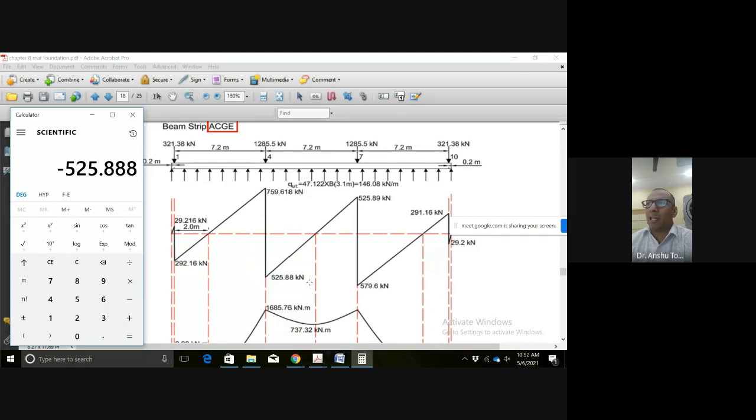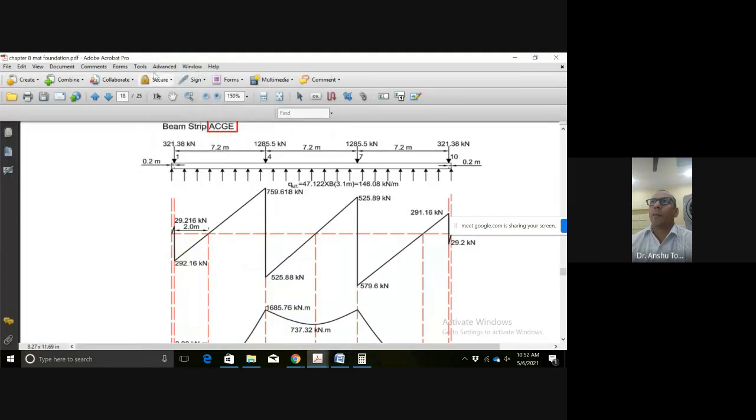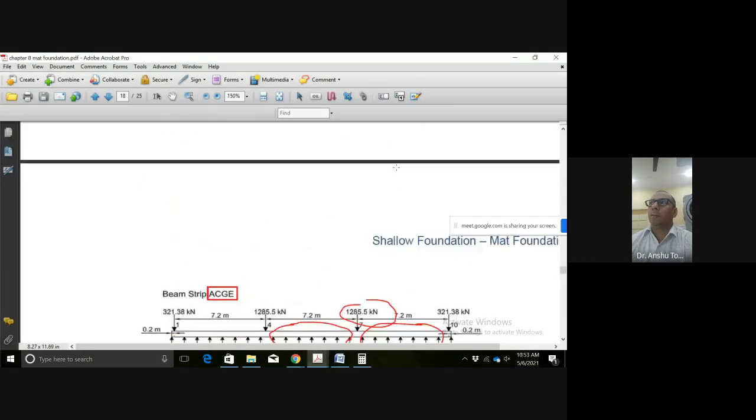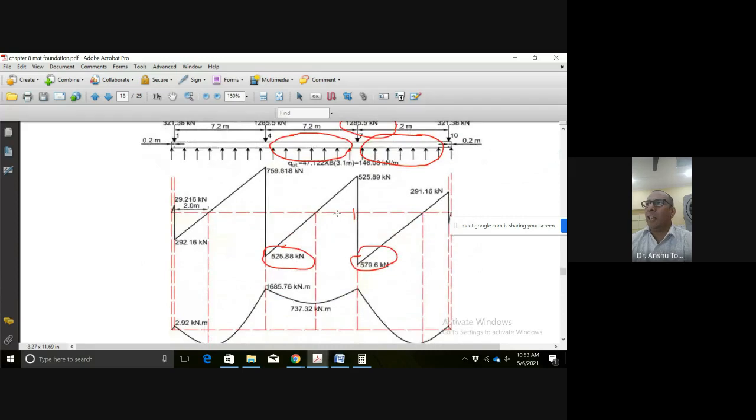So you can see this is the value, minus 525.88. Similarly, you will add this particular span UDL acting till here, and then you will subtract this point load, then you will get this value, and then you will add this UDL because it is acting from bottom to top. It is positive as per sign convention. So you will get the shear force diagram.